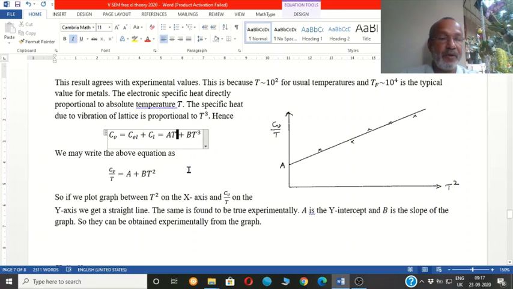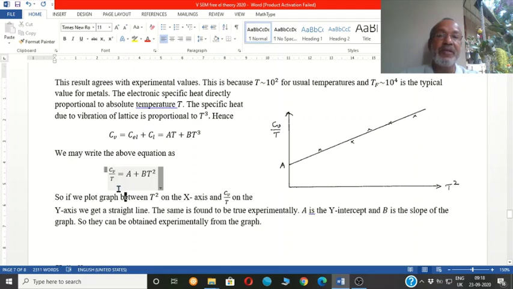If you plot the graph between C by T and T square, if you divide this expression by T, then here you will get A only, here you will get B T square. So this will become A plus B T square, and on the left hand side you will get C_V by T. So if you plot C_V by T against T square, then you will get a straight line graph, because this is of the form y equals mx plus c.